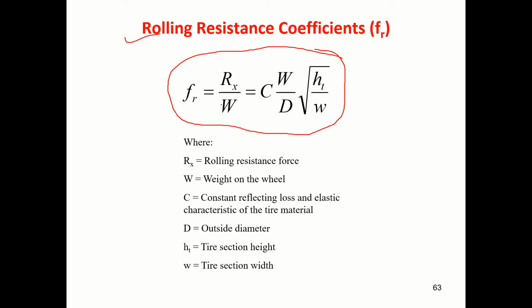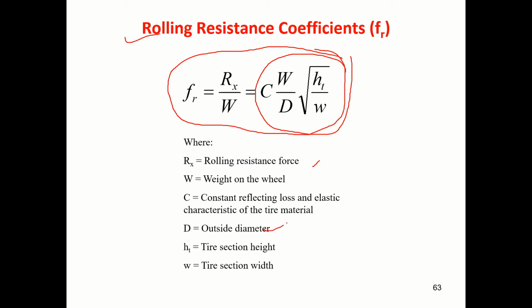Fr is equal to Rx by W, where Rx is called rolling resistance force and W is the weight on the wheel. So this can be approximated like this: C W by D root of HT by W. C is the constant reflecting loss and elastic characteristic of the tire material.